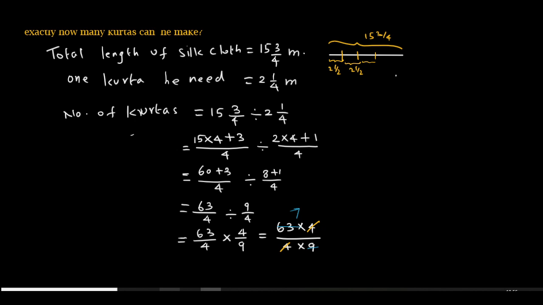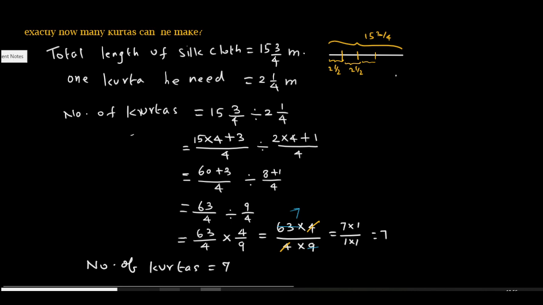In the numerator we have 7 into 1, in the denominator 1 into 1. So 7. So the number of kurtas is 7. The total length 15 3/4 cut into 2 1/4 meters means the tailor can stitch 7 kurtas.